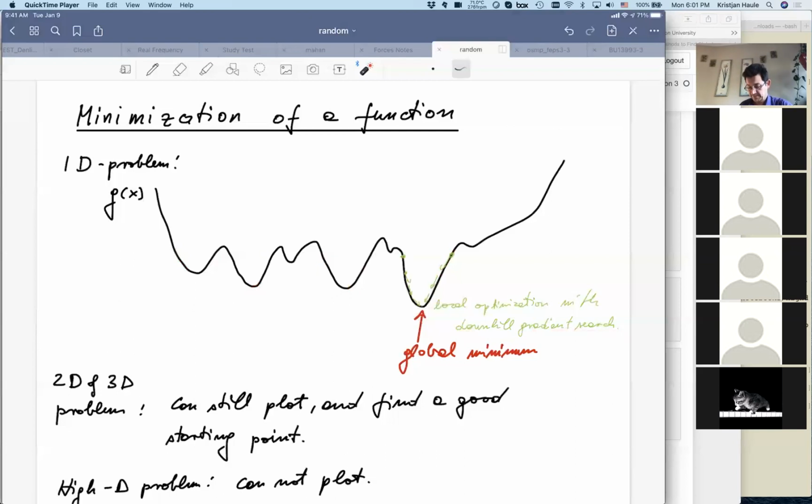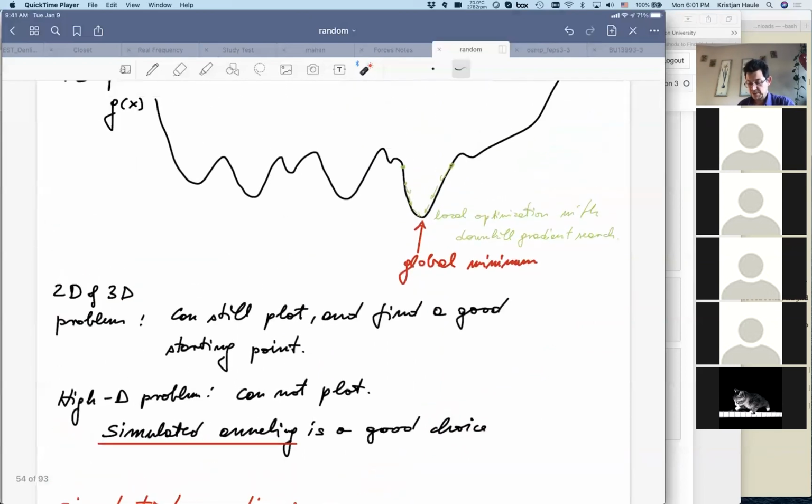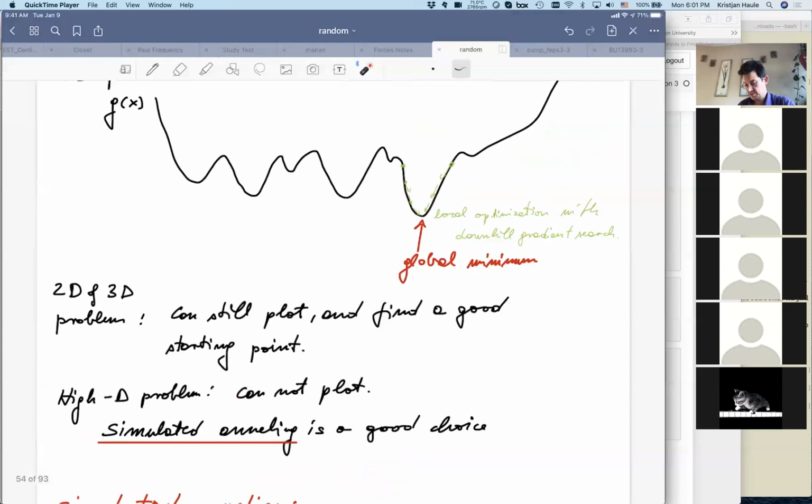Now for 2D and 3D functions, it's still usually better, of course, to plot the function, or the equivalent, to estimate it on a sufficiently good grid. If you estimate it on a sufficiently good grid, then you have a good idea of where the function will have a minimum.